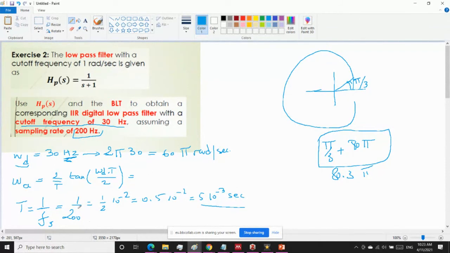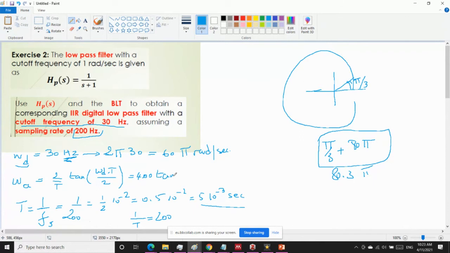Anyway, so this is 2 over T. T is 1 over 200, so 1 over T is 200. Here we have two of them, so 400. Very good.